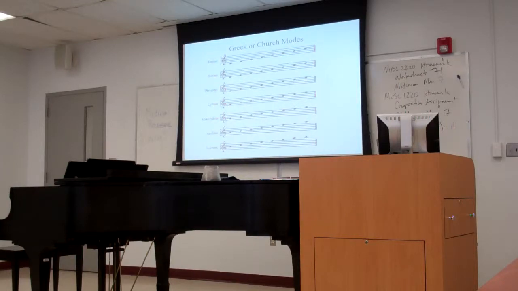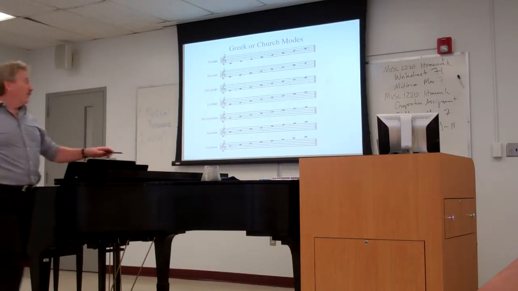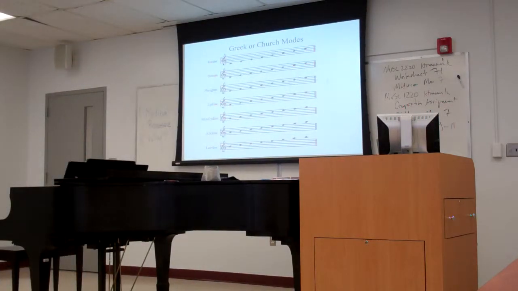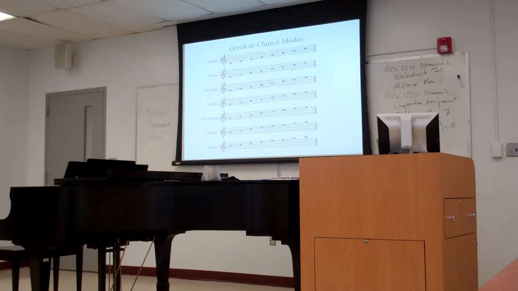So let's try this out. Let's see how to remember this. Let's do a Dorian starting on F. Dorian on F. First off, I'm going to think of an F minor. Okay, so that's F minor. Now, what do I have to do to make this Dorian?